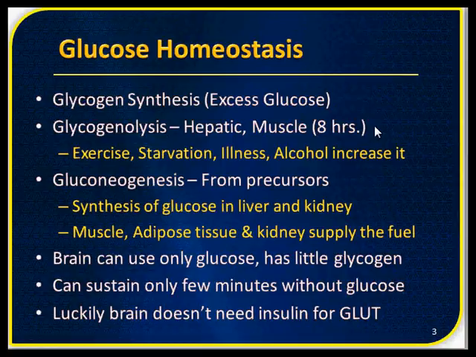So in general, up to 8 hours we will not have any problem as far as the maintenance of blood glucose is concerned. That is because stored glycogen is converted into glucose by a process known as glycogenolysis. Of course, this 8 hours will be shortened whenever we exercise, whenever we are starving, whenever there is illness, and of course, most importantly, whenever the patient is an alcoholic.